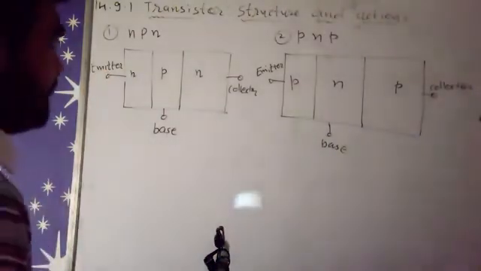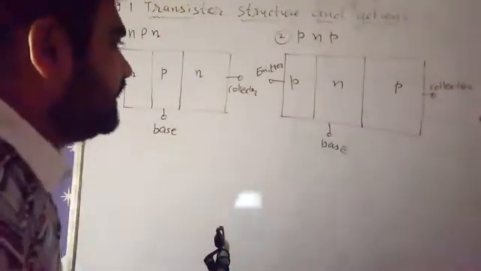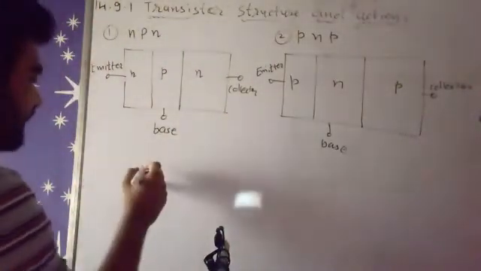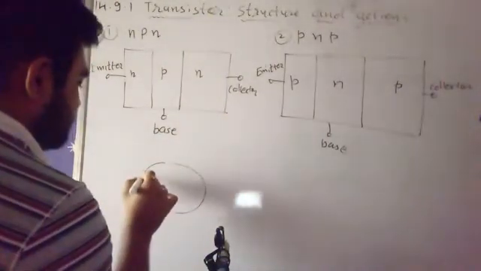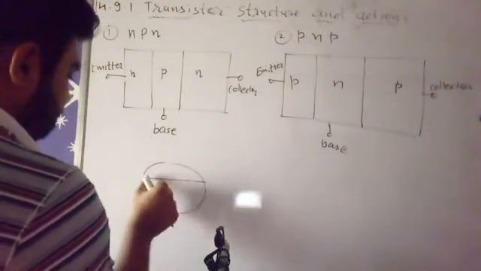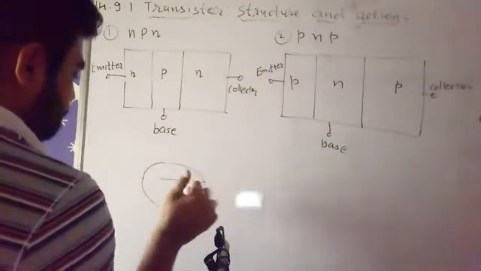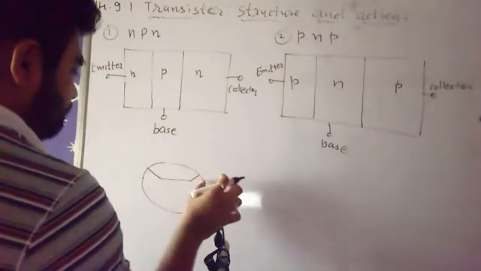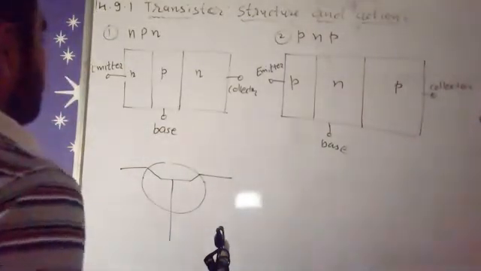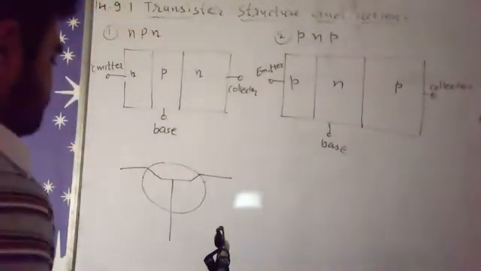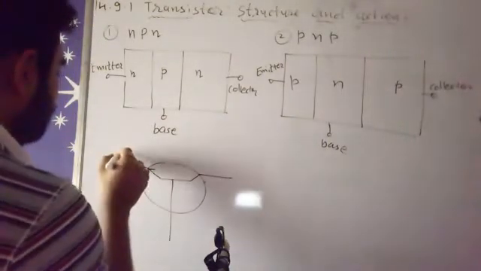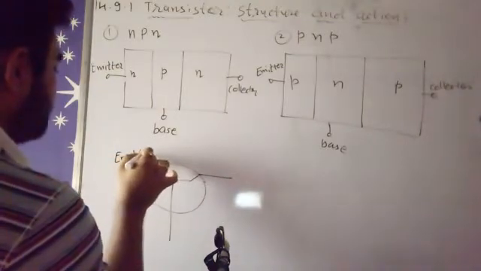Now we have to connect these, but before that we have to draw the symbolic diagram of these transistors. For an NPN transistor, we denote it with this arrow, and the arrow points towards the emitter terminal.